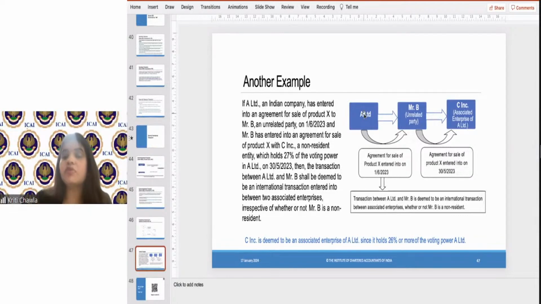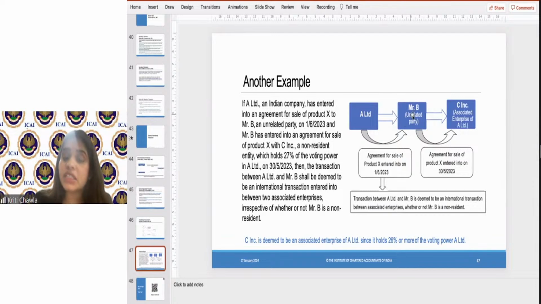Now, the second step of this transaction is that A Limited holds 27% voting power in C Inc. C Inc. is an associated enterprise of A Limited because A Limited is related to C Inc. by holding 27% voting power. Now, A Limited is selling to Mr. B, which is an unrelated party, and transfer pricing provisions will not be applicable.